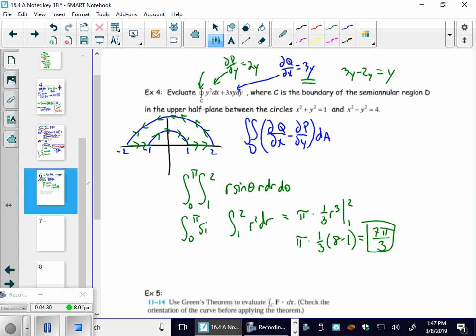I completely neglected the sine theta. So it won't change the r part, but it certainly is going to change the theta part. So that's going to be negative cosine theta from 0 to pi. Plugging in pi, cosine of pi is -1, so that becomes +1, minus, plugging in 0, that becomes -1, so you get 2 there.